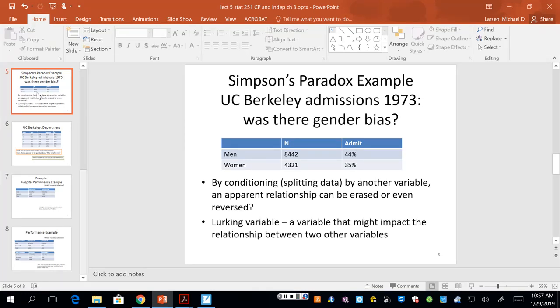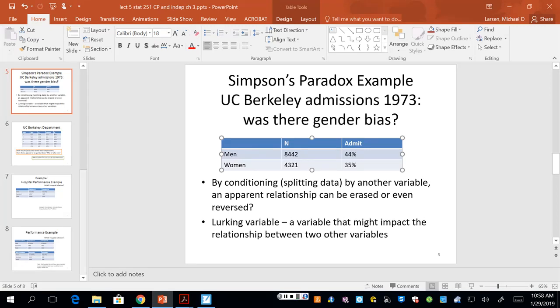Okay. So this was 1973. This is some data on individuals who applied to graduate programs at UC Berkeley. At that time, men were applying at a higher rate, so about 8,442 men applied to the graduate programs there, and 44% were admitted. Women applied at 4,321, but the admission rate was only 35%, so it was a lower admission rate.